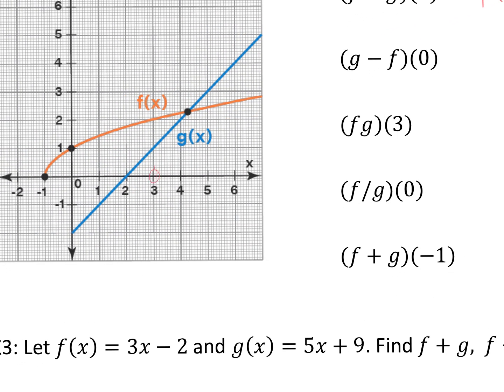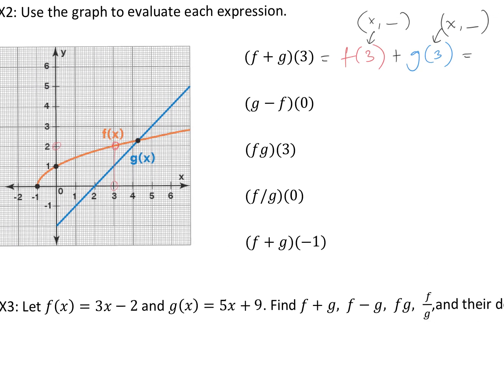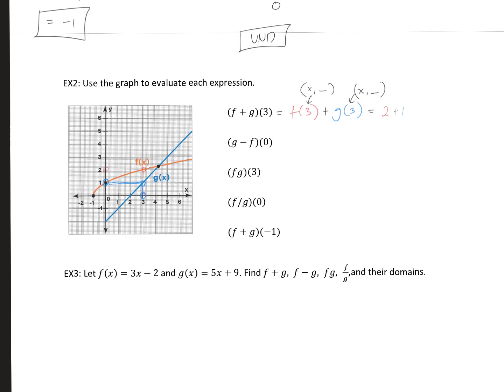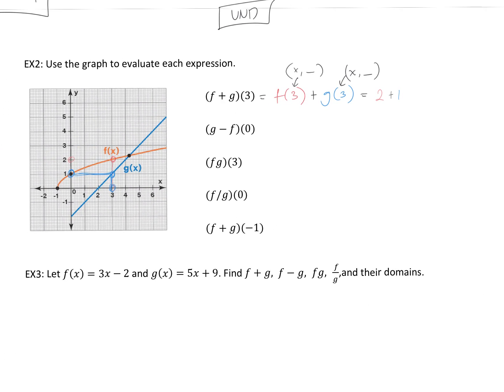So at 3, f is here, and the matching y is 2. So we're going to go ahead and plug in 2 plus. And then for g, at 3, what is g? G is over here, and the matching value for that is 1. Again, so it's at 3, 1. So it's going to be plus 1. So that'll equal 3.